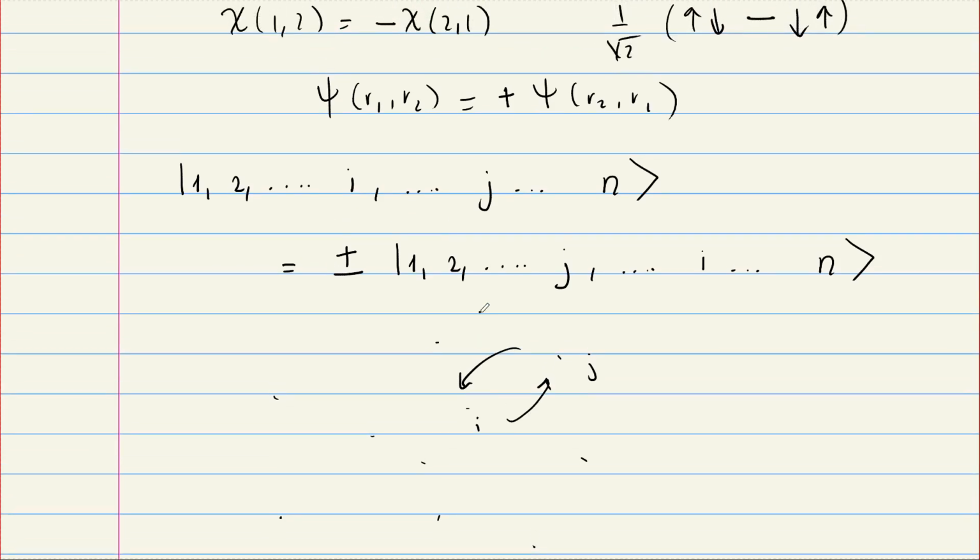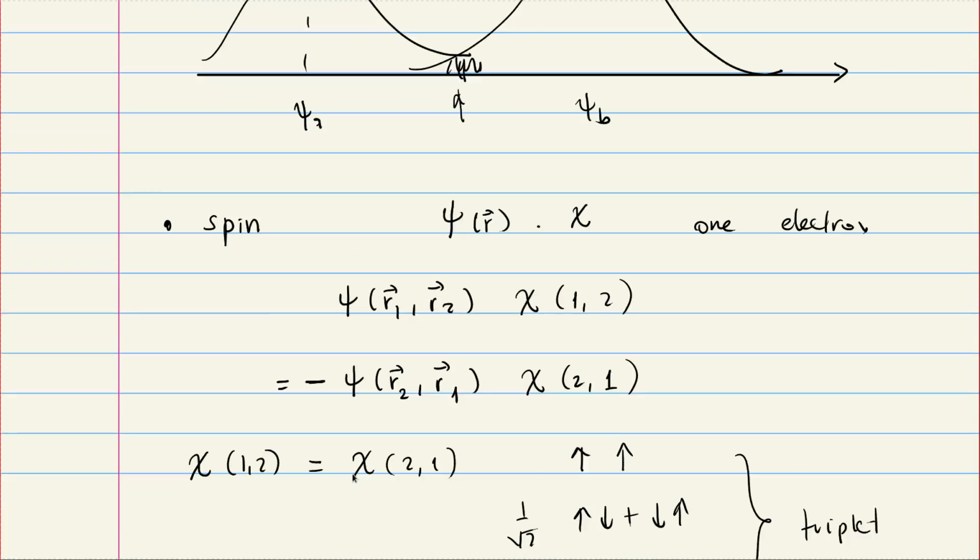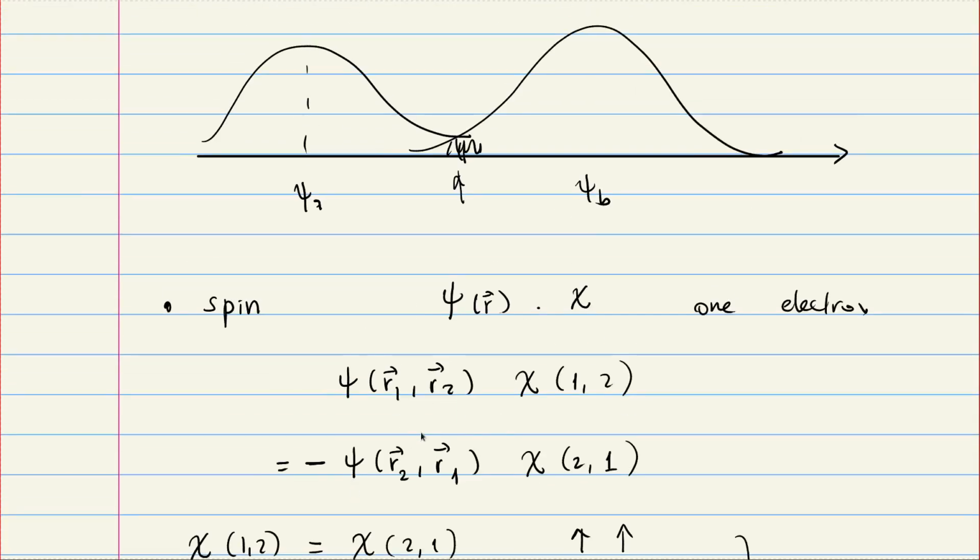In my ket, I need one slot for every single electron, and if I change the labels, I need this symmetry property. Exactly. So what we are doing is no different than the exchange we did for two electrons. And this is called the generalized symmetrization principle.